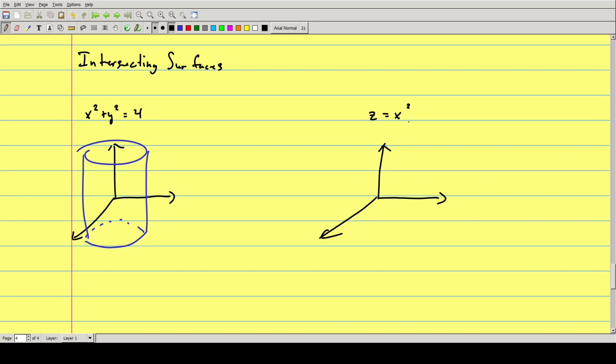The way that this works is that it should remind us of a parabola, right? Okay, we know what the graph y equals x squared looks like. We're used to drawing that picture. All right, z equals x squared, same sort of deal, right?